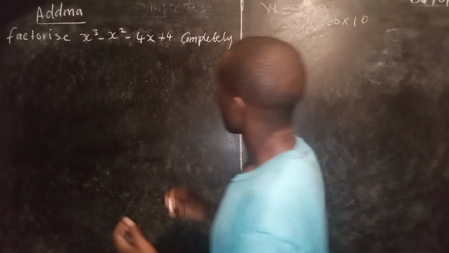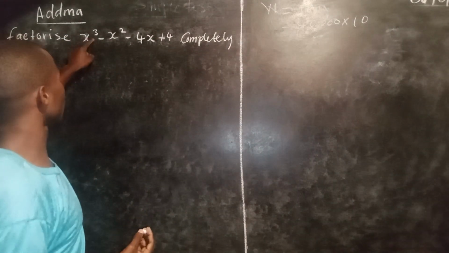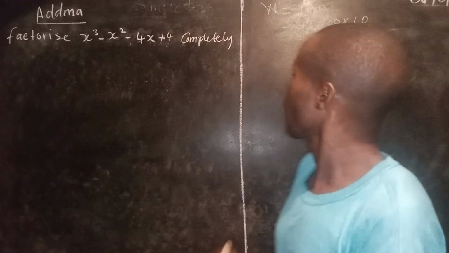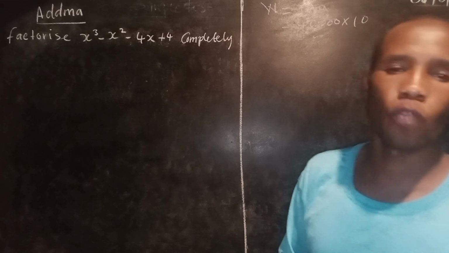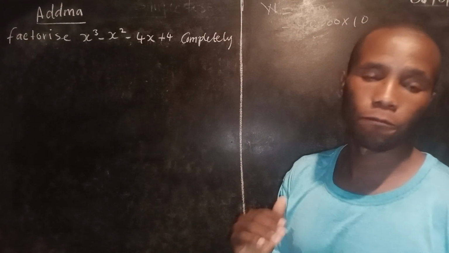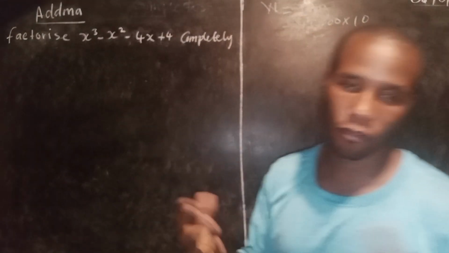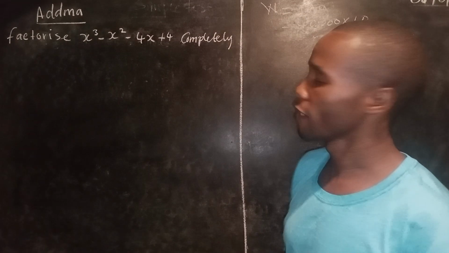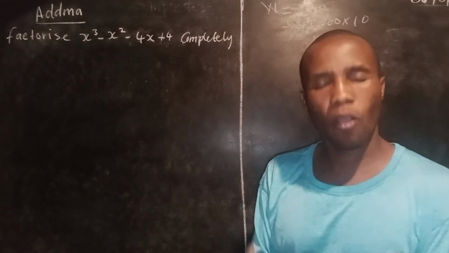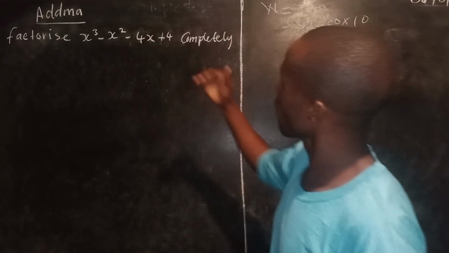Since we have a polynomial of power 3, this means that after factorizing it completely, we are going to have 3 factors. Why? Because the power that we have is power 3. When you have power 2, you are going to have 2 factors. So in this case, it's 3 factors. How do we go about the trial and error method? We are going to look for a factor.